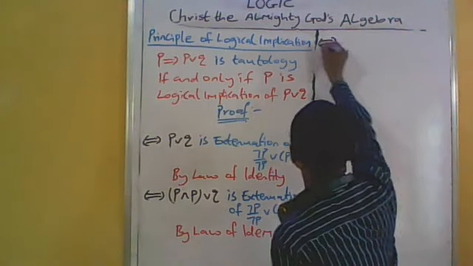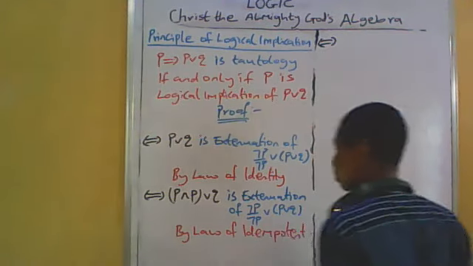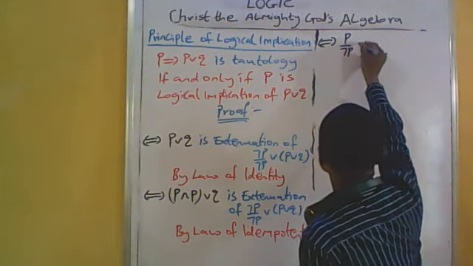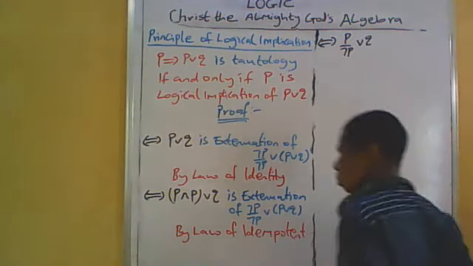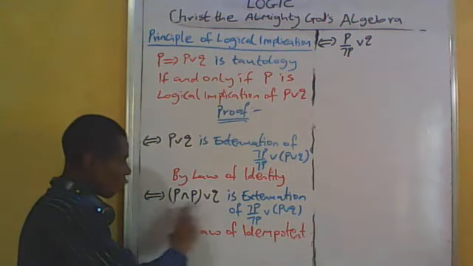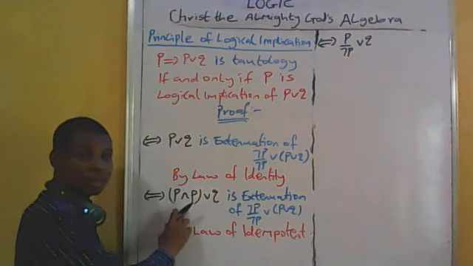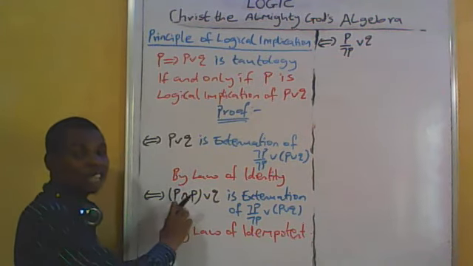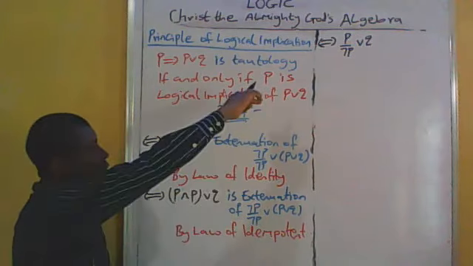if and only if P upon not P or Q. You see that this conjunctive statement P and P has now been transformed to conditional statement.